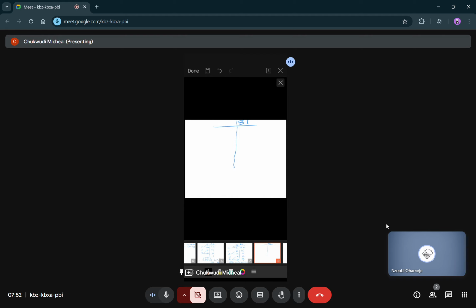So 2 cannot divide it, so I have to begin with another number. Can 3 divide it, since it's an odd number? Let's try. Yes, I can. 3 going into 81 will give me 27. Can 3 divide 27?